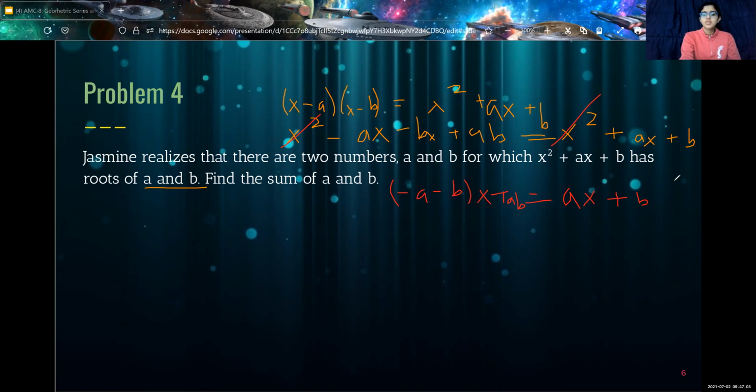Okay, so in the chat, how would we get two equations from this? So someone said move ab to the other side. Well, we wouldn't be able to get two equations from this though. And we need two equations so we're able to solve for both a and b.